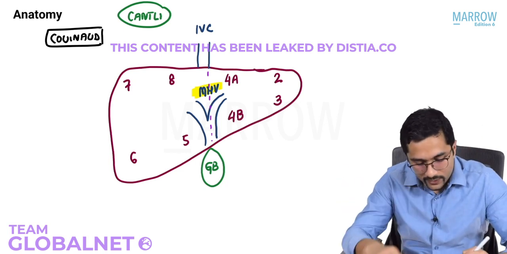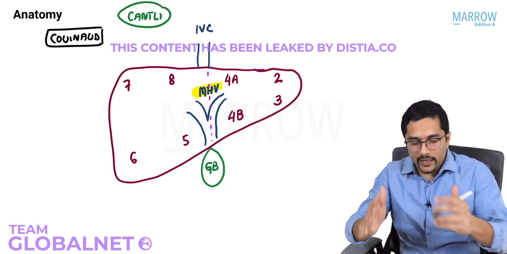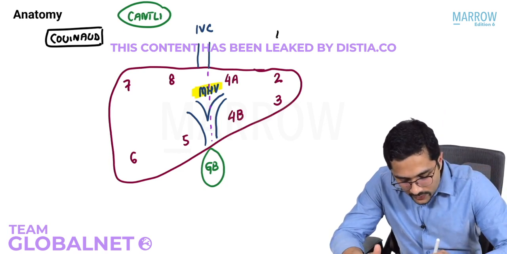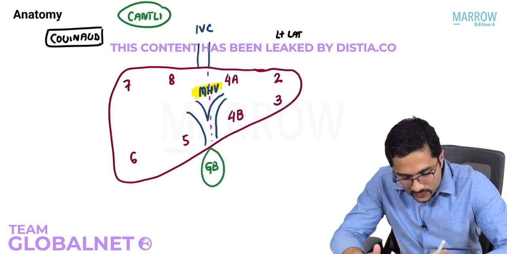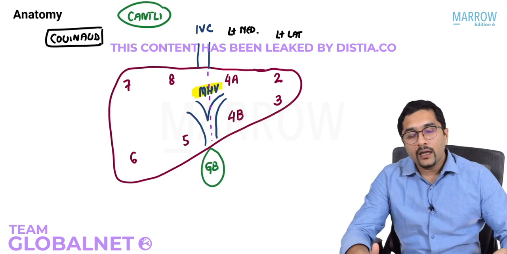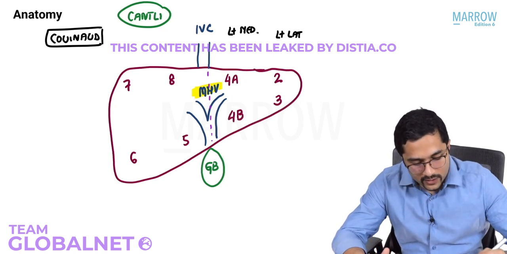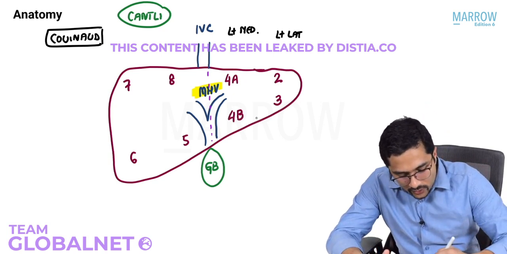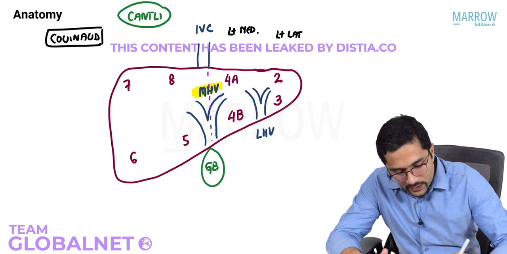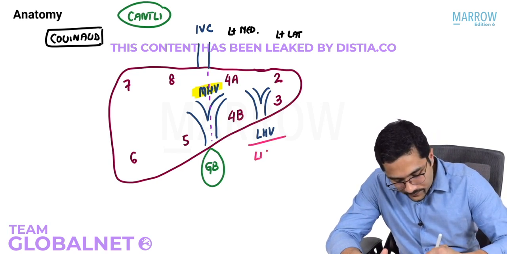Now let's focus our attention on the left side. The left hemiliver, you can see, is further divided into left lateral and left medial. Left lateral is 2 and 3, and left medial is 4A and 4B. And this division into left lateral and left medial is based on the left hepatic vein. The left hepatic vein lies beneath the falciform ligament.